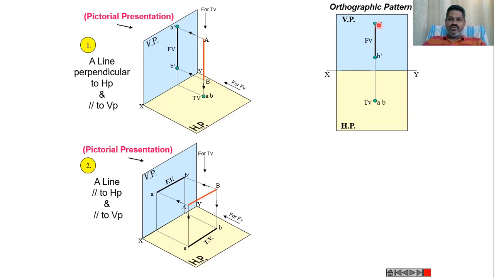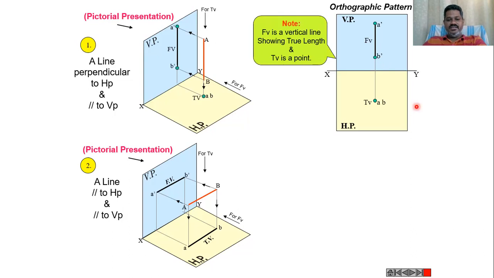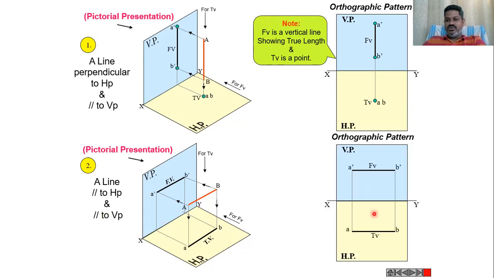But in the front view, the end of line AB, A, will be A dash, and B will become B dash. And similarly, when you see a line parallel to HP as well as VP, it looks like a horizontal line in both cases.